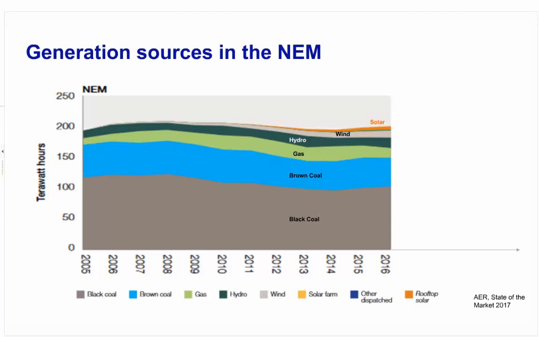And so of that roughly 200 terawatt hours per annum that's supplied through the national electricity market, that's been relatively flat, but we're seeing a number of other factors coming to the fore.